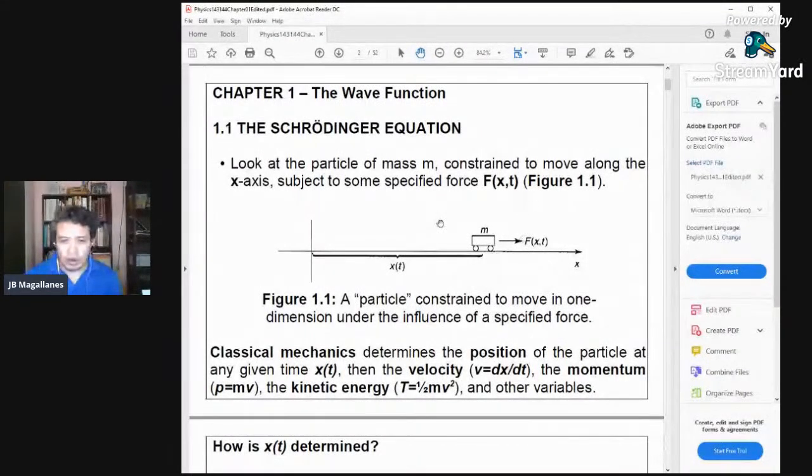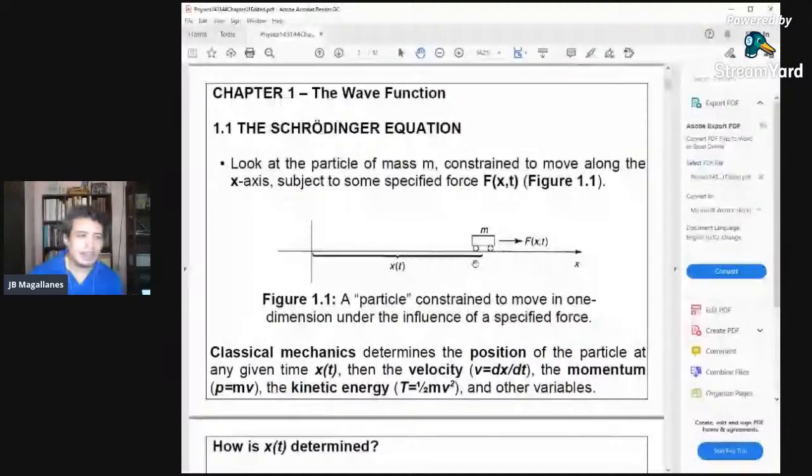So first of all, let's look at this particle with mass m. This particle or this object is constrained to move in one direction along the x-axis. And it moves because of the force F of x here, which is a function of position and time.